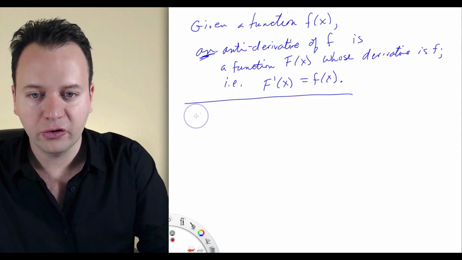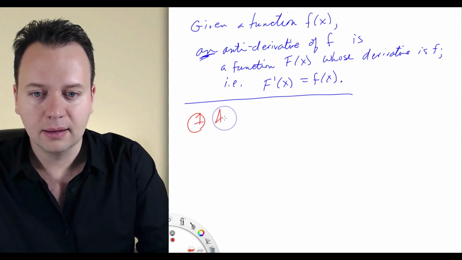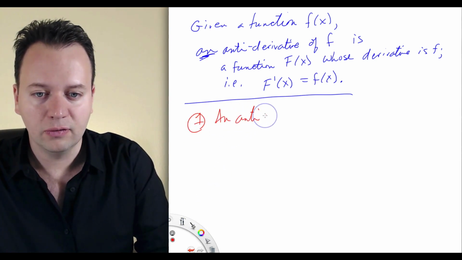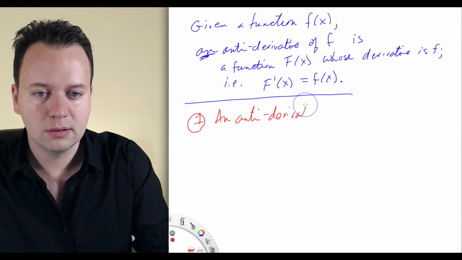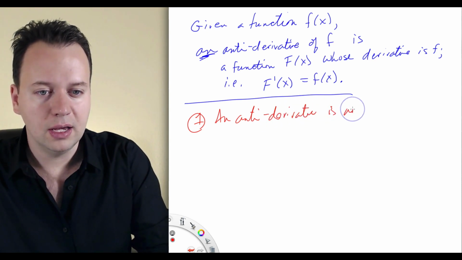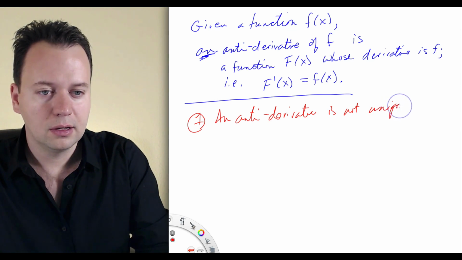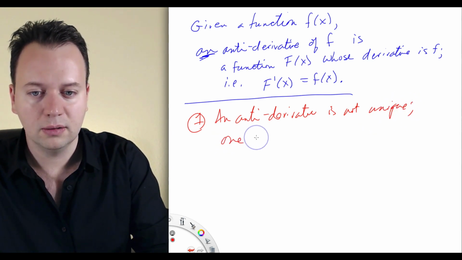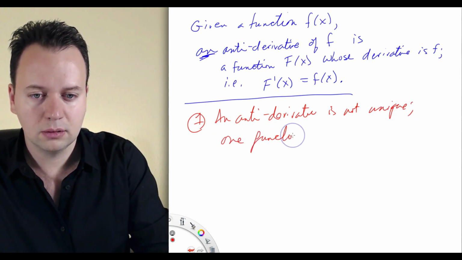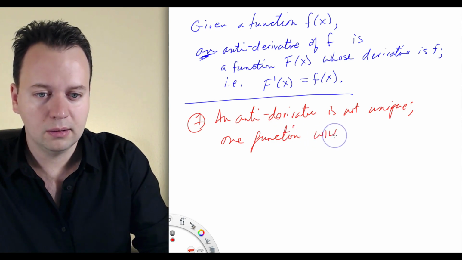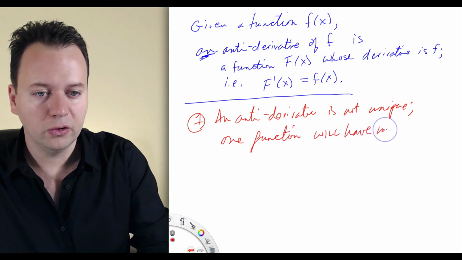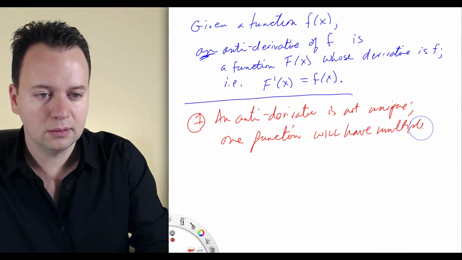So the first thing to note is that an antiderivative is not unique. In other words, one function will have multiple antiderivatives, if it has any.